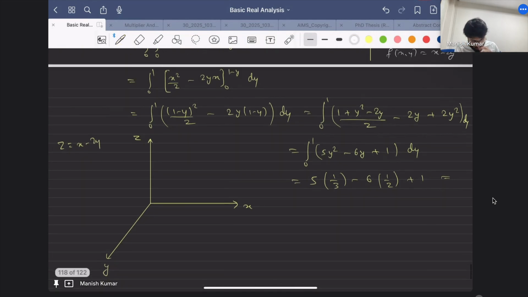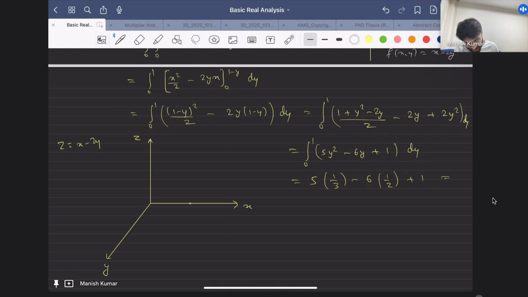Now when we look at this plane on, let's say, the xz plane, how will it look? Or let's see where it cuts the x-axis.